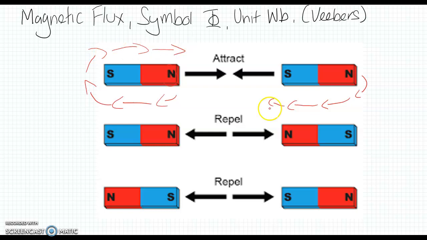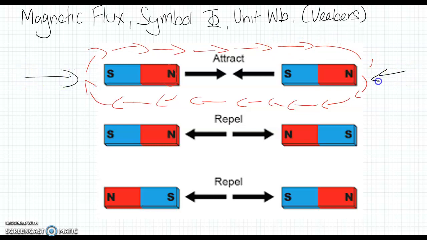But what would happen is effectively the fluxes would join together, which would cause the two magnets to be pulled together in attraction. So that creates a mechanical force of attraction.